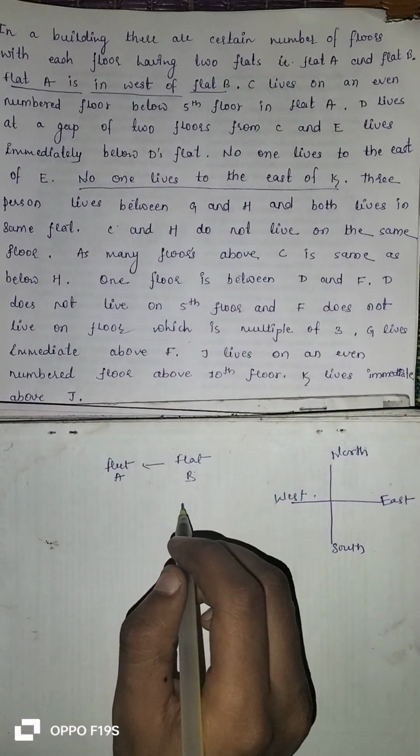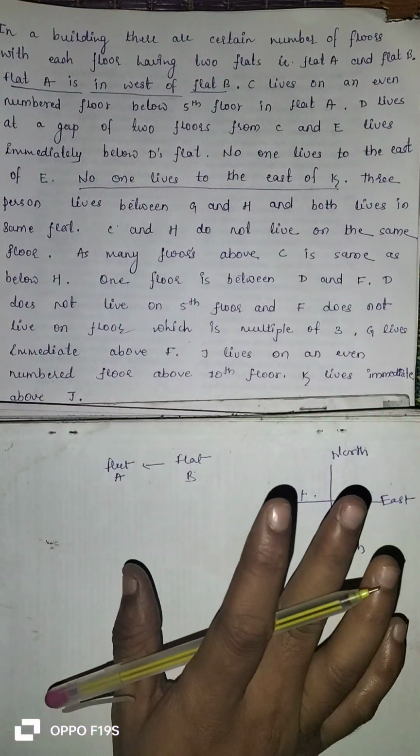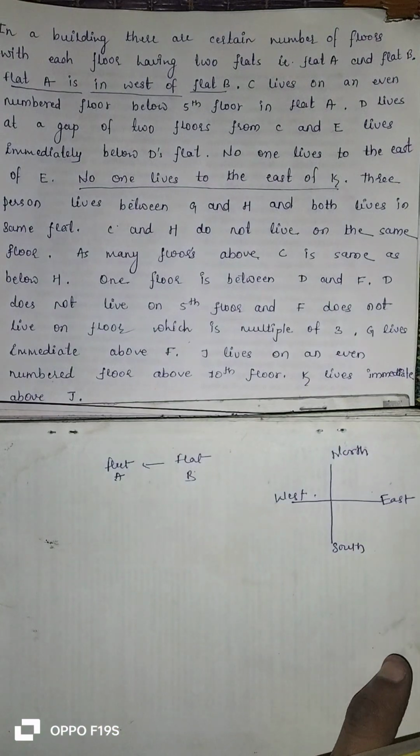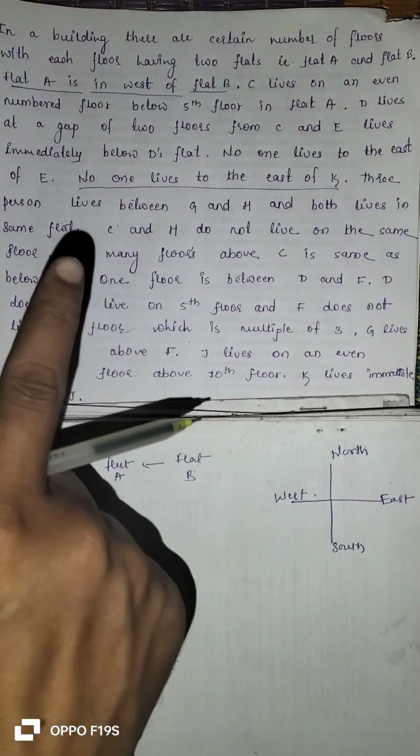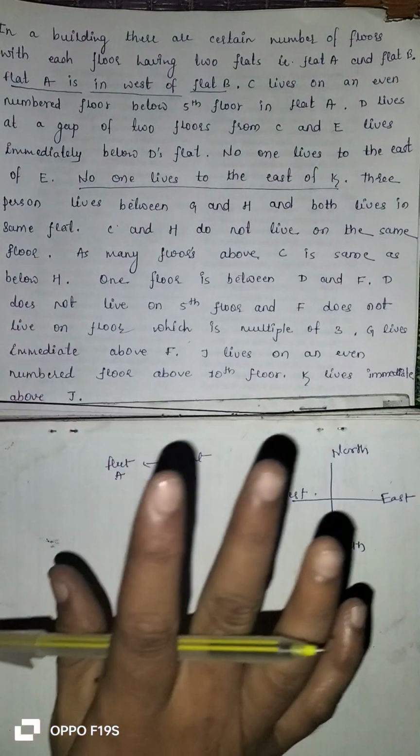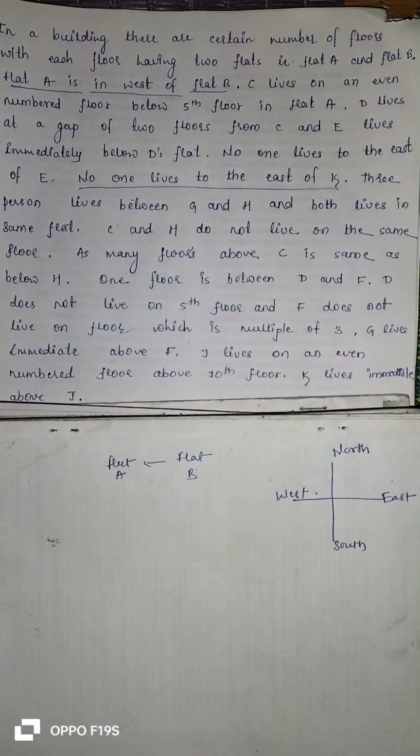Okay, now the number of floors is not fixed, so we should remember this thing first. That may be a 5 floor building or a 10 floor, 15 floor, or so on.